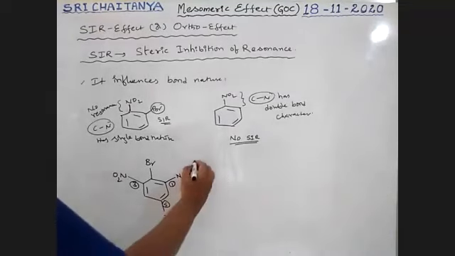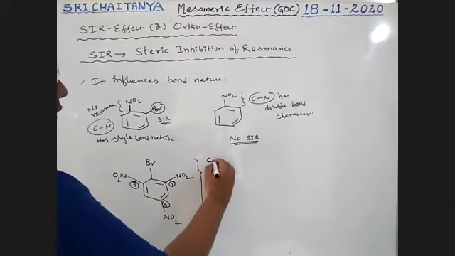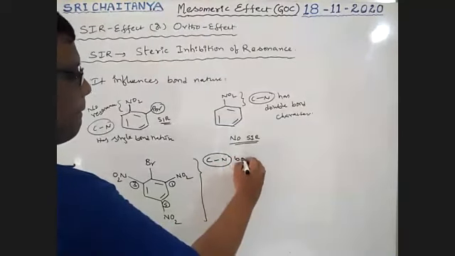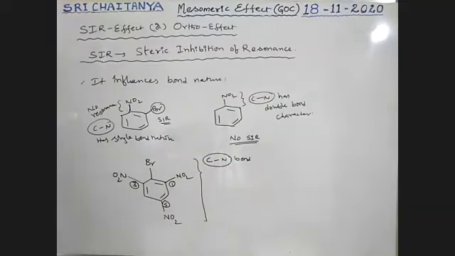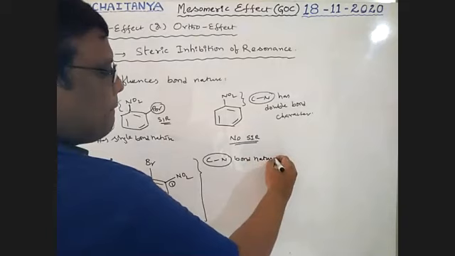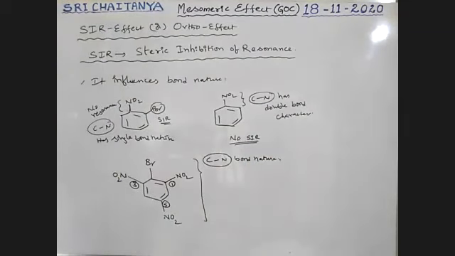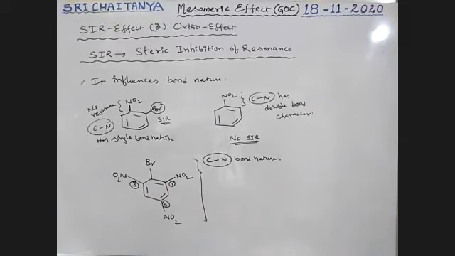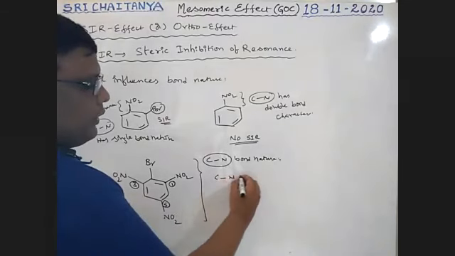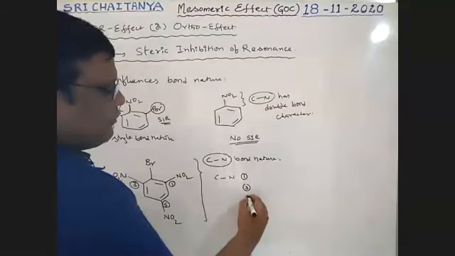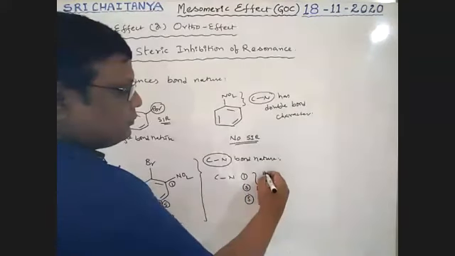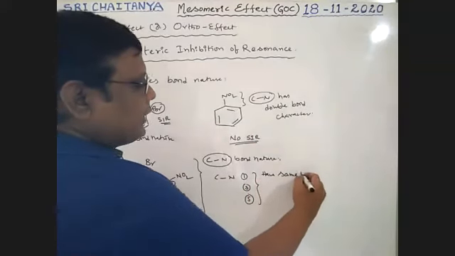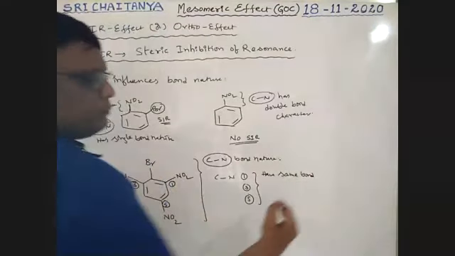Tell me, boys, my condition is the CN bond nature. The CN bonds at the first, third and fifth positions, do all these have the same bond length? Options, boys.